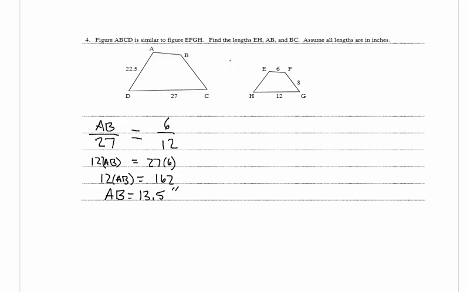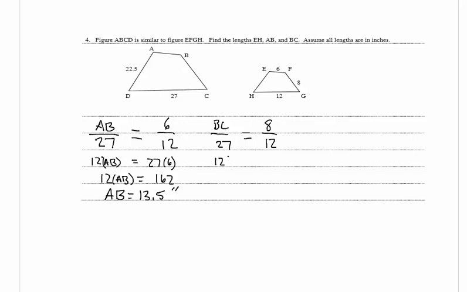When we want to find BC, I'm going to put that in the numerator, and then I'm going to find the same side on the other figure, FG, and that's equal to 8. And I can use DC again, which was 27, and HG, which was 12. So now, again, we're going to cross multiply.